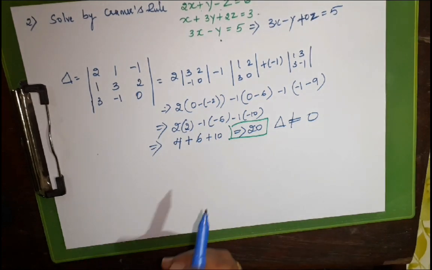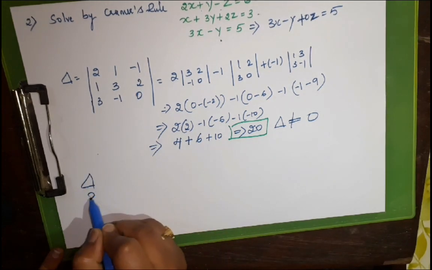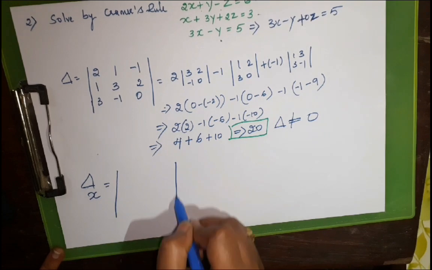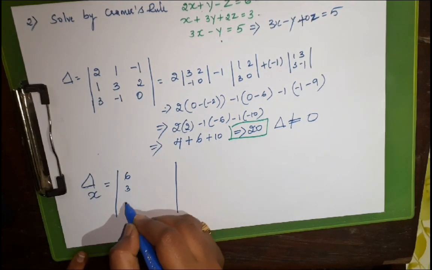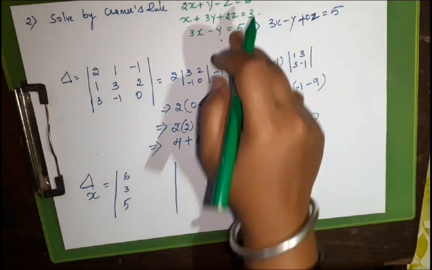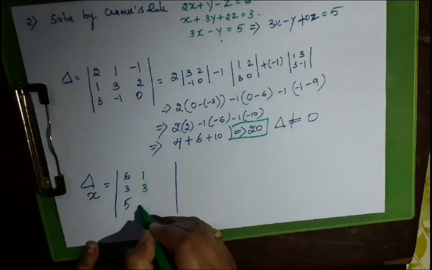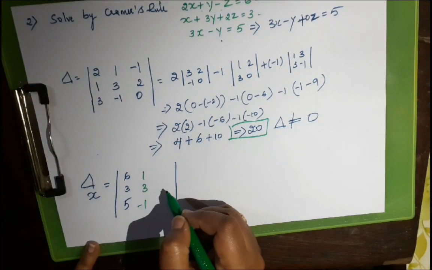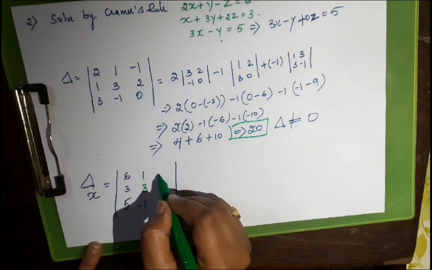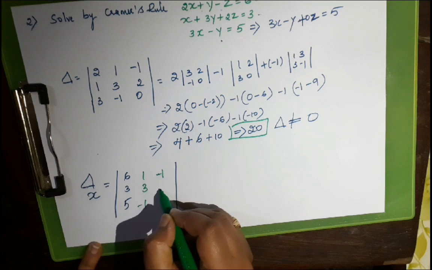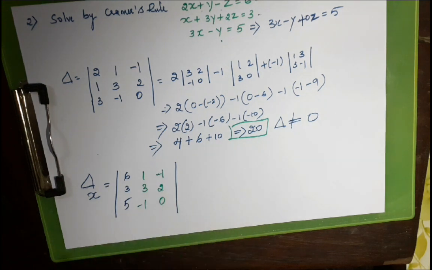Same way find delta x. So delta x, we are replacing the first column with the numbers 6, 3, 5. Keep the second column and the third column as it is, that is minus 1, 2, 0.